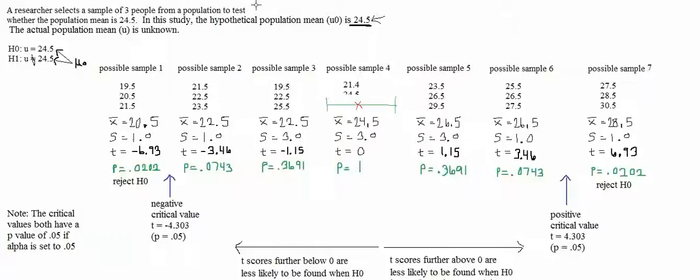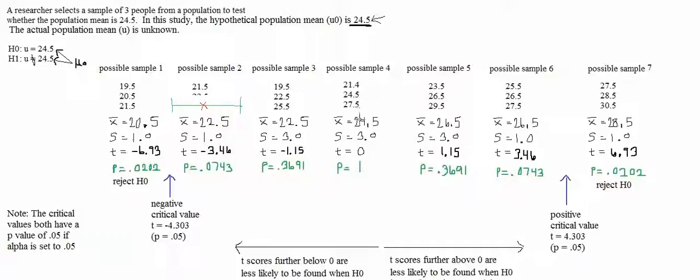But what if the null hypothesis is not correct? What if the actual population mean is down here? What if it's at 22.5? In this case, the alternative is true, because the actual population mean is not at 24.5. In this case, I'm likely to get a sample mean down here close to this population mean.